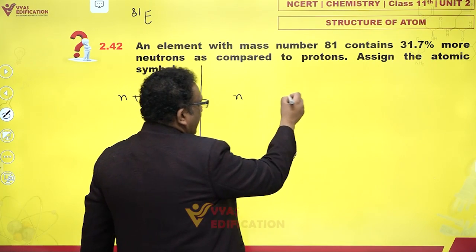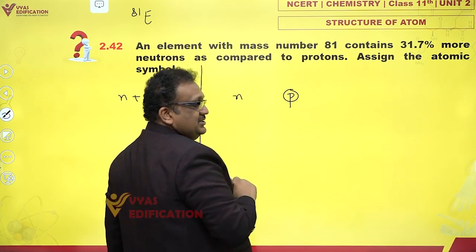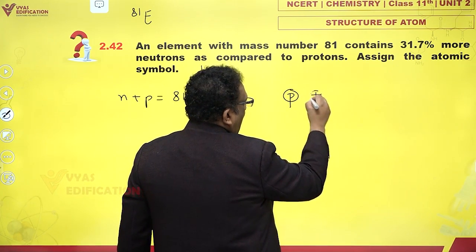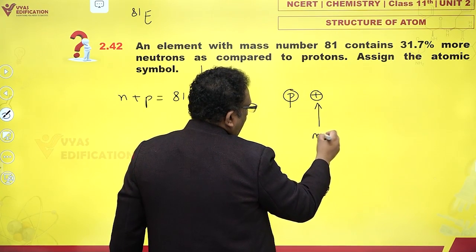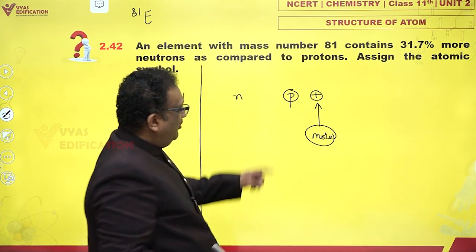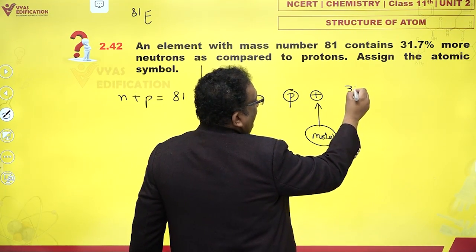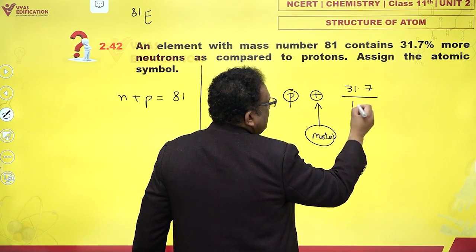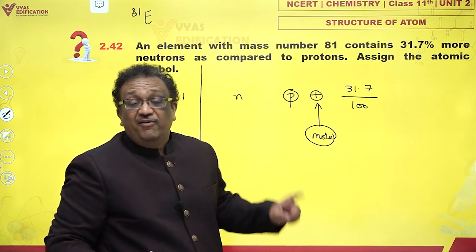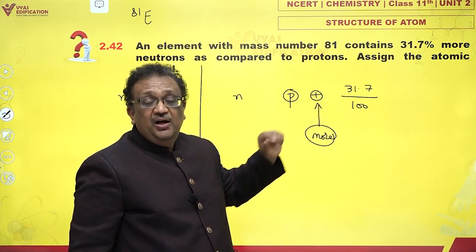So there is some number of protons. More means you add. More means in the number of protons, I add something. How much do I add? 31.7%. Per means divided by, and cent means 100.